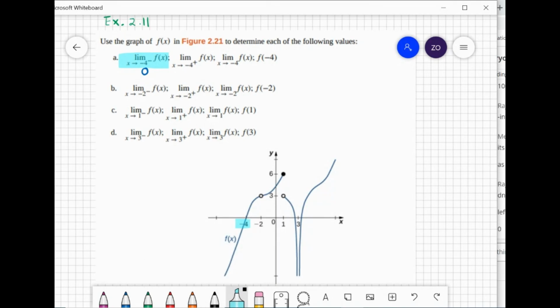How about the limit as x values approach -4 from the right side? If the x values approach -4 from the right side, what do you think? Pick some value here, and its y value is here, and just pick another value close to -4. The y value is here. Pick another number, the y value is here.